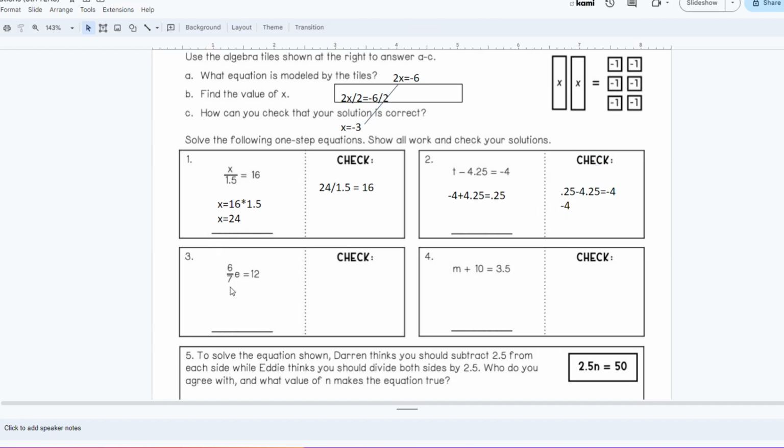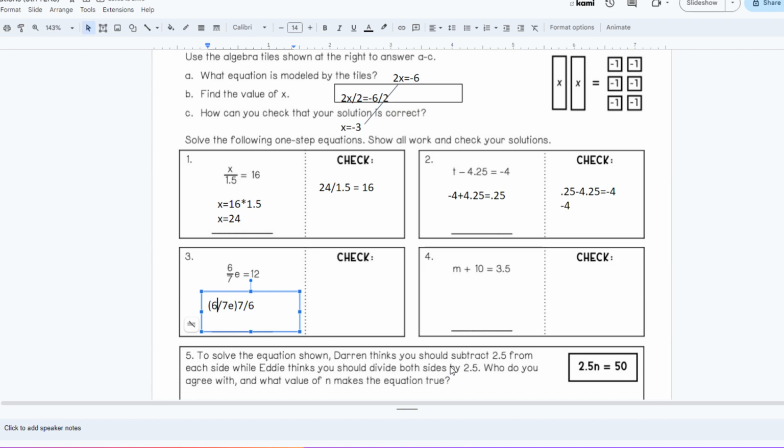So 6 over 7 times e is a little bit trickier, but if you remember what I said earlier about flipping and using the inverse of a fraction, it won't be that bad. So we have 6 over 7 e, and what you're going to do is put this in parentheses and multiply by the inverse of 6 over 7, so 7 over 6.